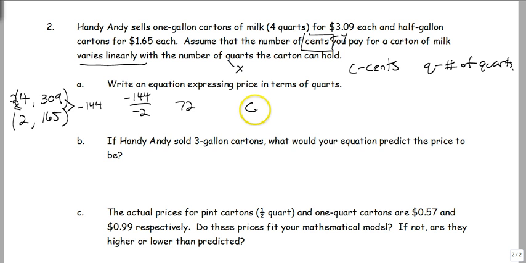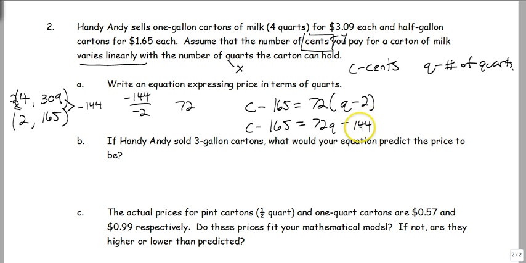My cents minus, I'll use 165 and 2. Minus 165 is equal to my slope times Q minus 2. I am going to solve this. 72Q minus 144. Add 165.